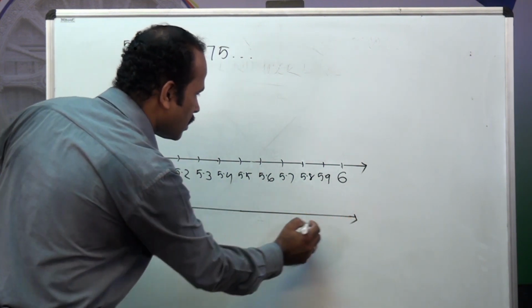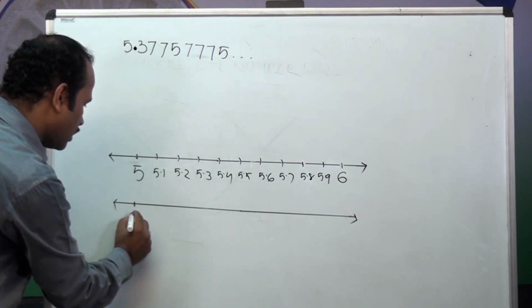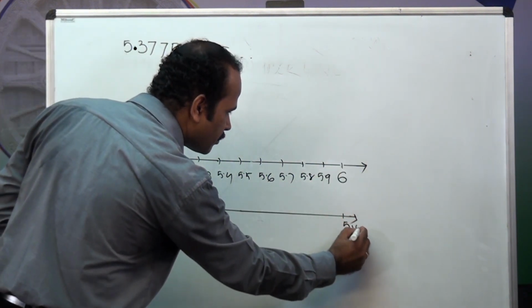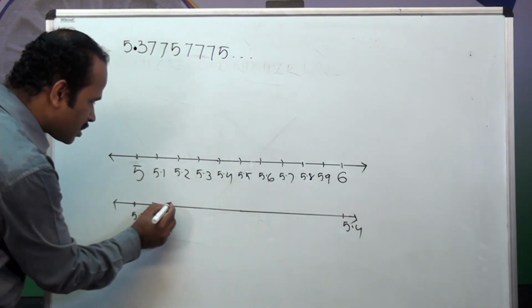So here I have selected this point 5.3, and here I have selected a point 5.4. In the same way, I again divided it into 10 equal parts.